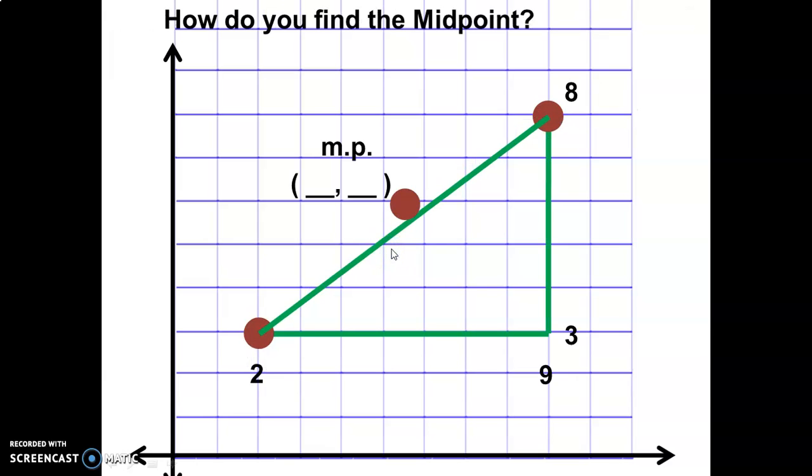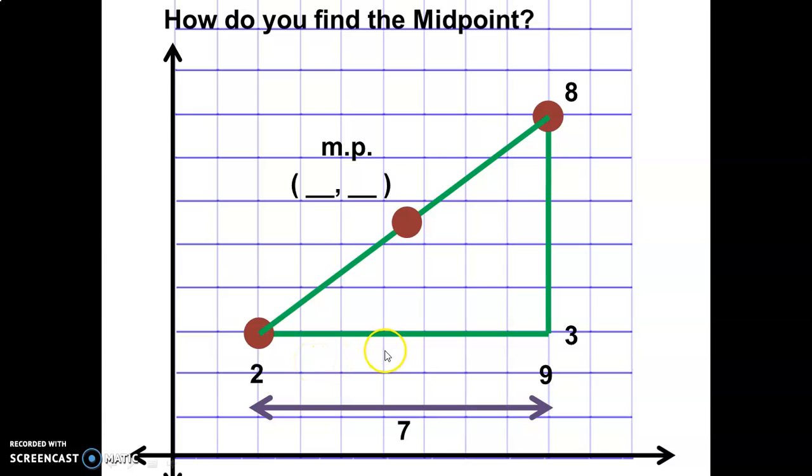Well, the approach to this can be done like this. We can first make a right triangle out of it, and we know that this was an x value of 2 and an x value of 9. So the distance between those 2 points along the x-axis is 7, and the midpoint should be halfway between those.